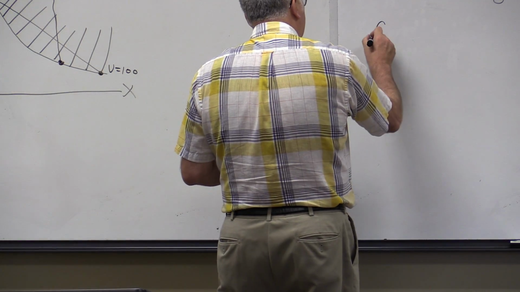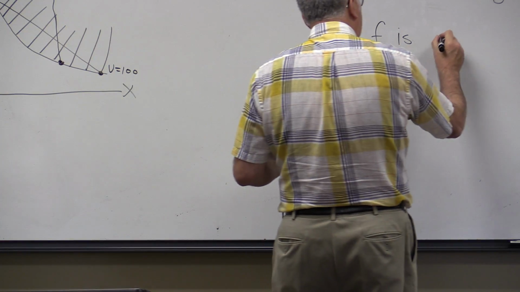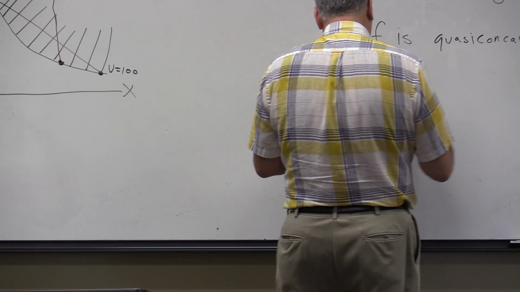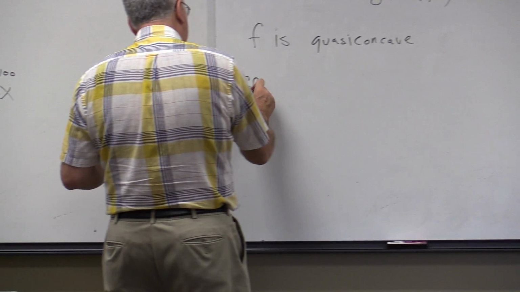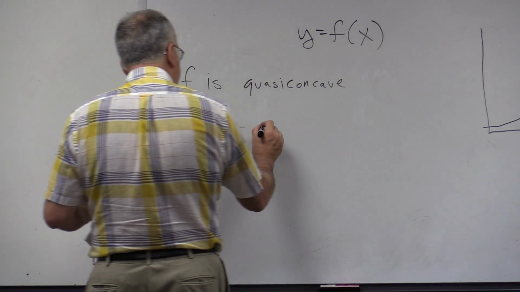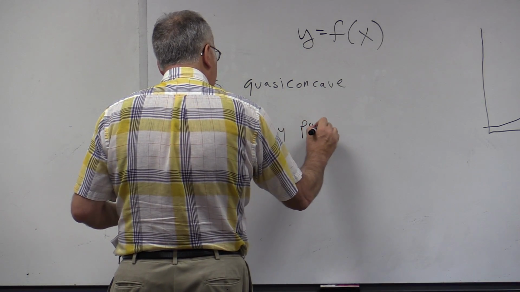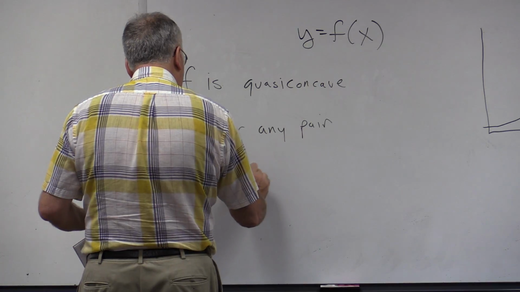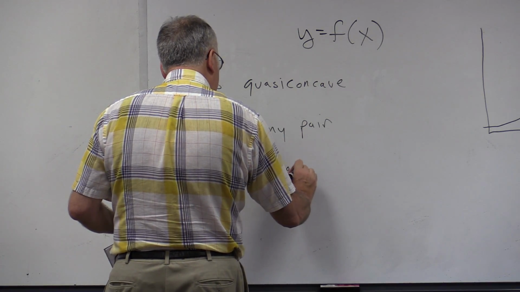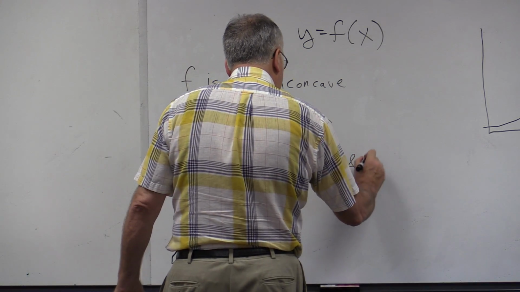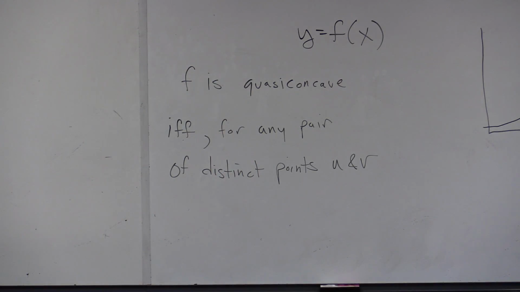F is quasi-concave if and only if for any pair of distinct points U and V. Okay, so you pick any two distinct points, U and V, values of X, in other words.